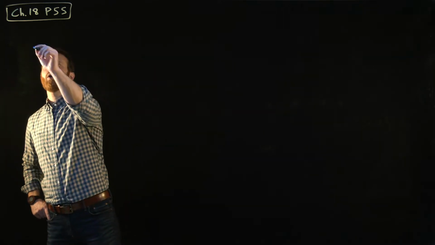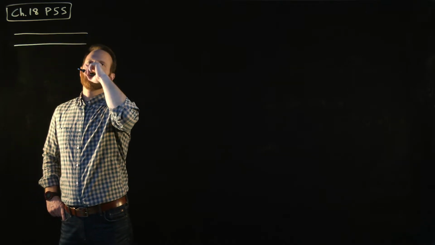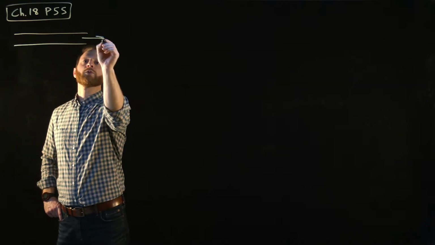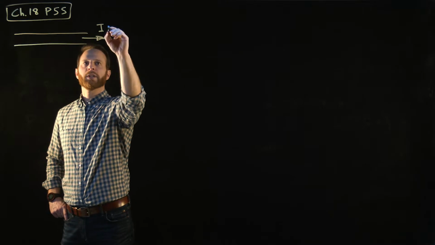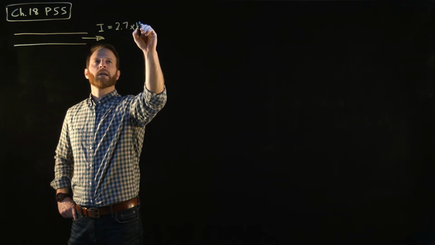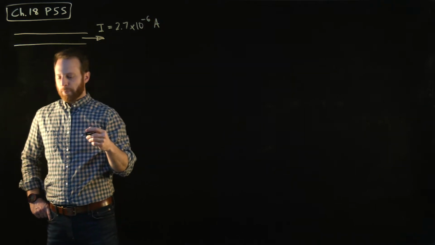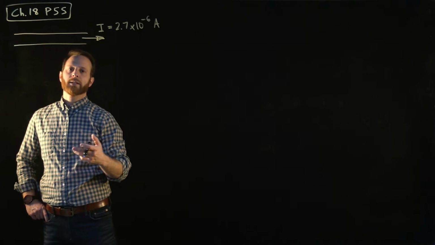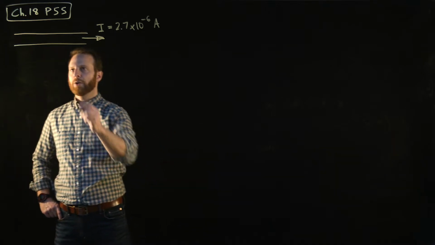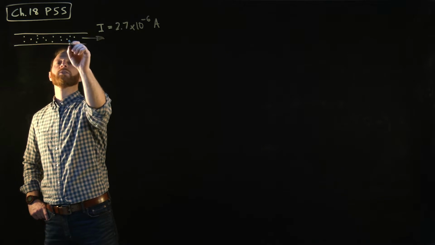And so if you recall, the way to think about this is you've got a wire, and in this wire there's some current, which I'll call I, and in this particular problem, 2.7 microamps, or 2.7 times 10 to the minus 6 amps. The picture here is that electrons are the charge carriers, so there's a whole bunch of these little things, like this.